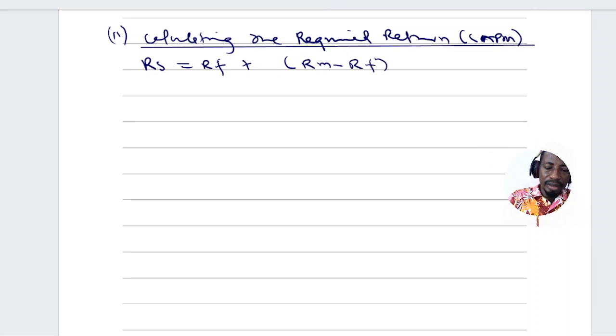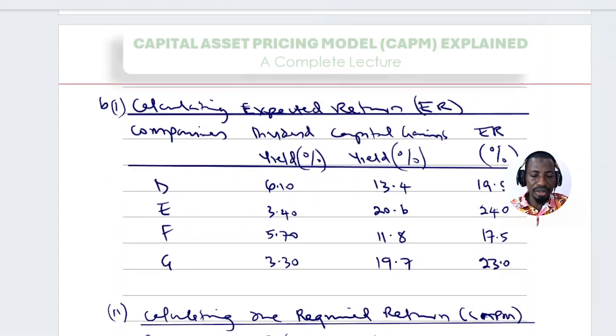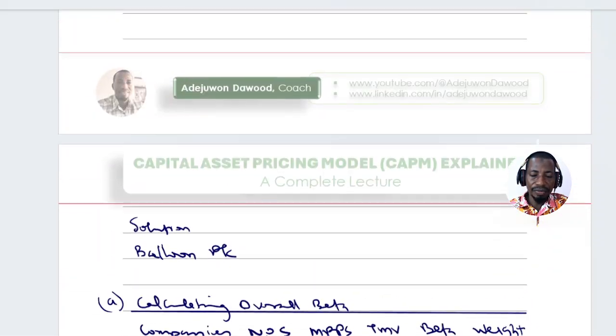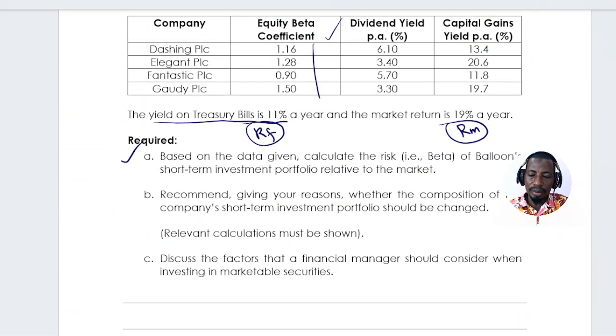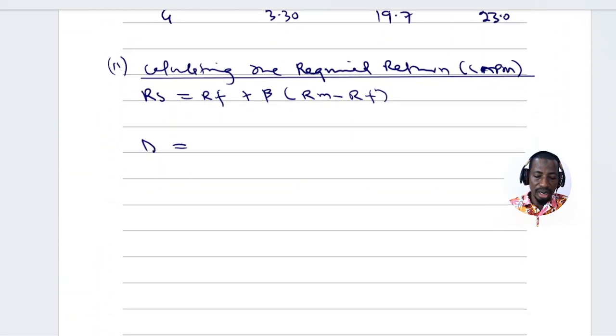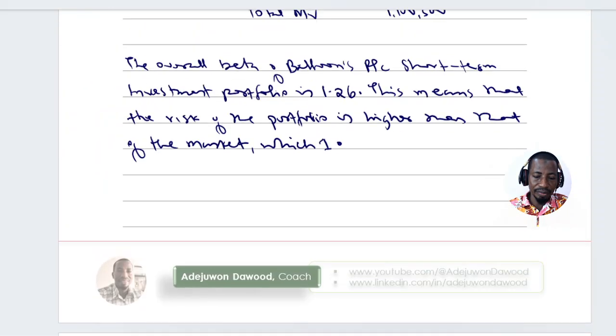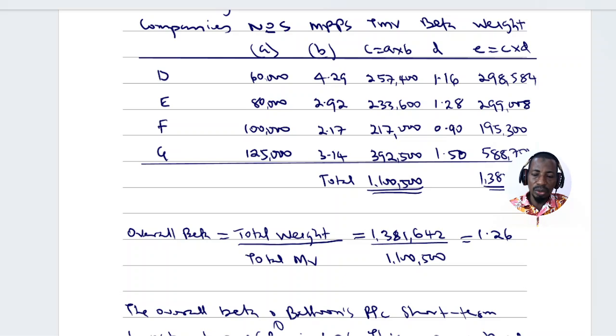Let me rewrite the beta. Okay. So for Dashing will be equal to, go back to the question, what's the risk-free rate of return? The risk-free rate of return is 11%. Market return is 19%. Here is 11 plus the beta of Dashing is 1.16.